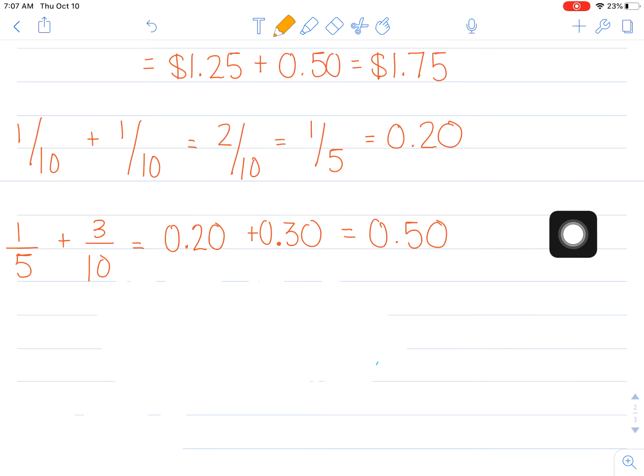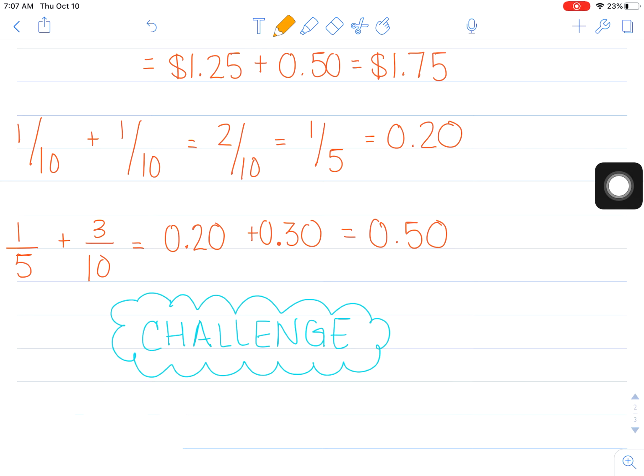If you wrote it as fractional values, that is also just fine. You could have written 20 hundredths plus 30 hundredths, which is perfectly fine, same thing, okay? And I'm going to express this as a decimal. So I'm hoping that you can just add this as a decimal as well. If you also want to write it as a fraction, 20 hundredths plus 30 hundredths equals 50 hundredths, that is no problem.